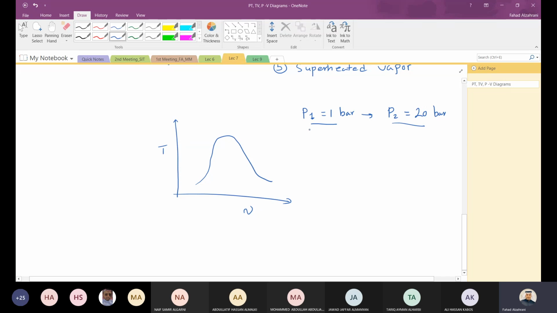Let's say the specific volume is V1 equal to V2, and let's say this equals 1 meter cube per kilogram, and this is in the saturated mixture region. Let's say this is a saturated mixture state. So how can you plot this process?